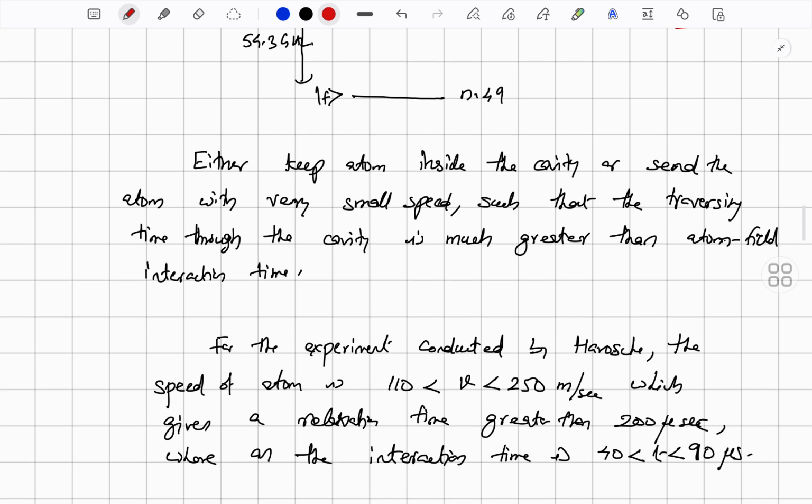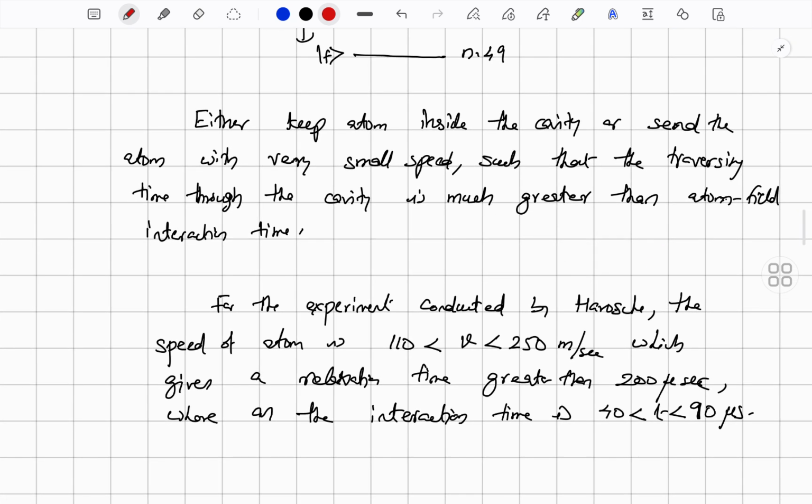Okay, so for the experiment Haroche has done, the speed of the atom is around 110 to 250 meters per second, which gives a relaxation time of greater than 200 microseconds. And usually in this particular setup, the interaction time between the atom and field is around 40 to 90 microseconds.